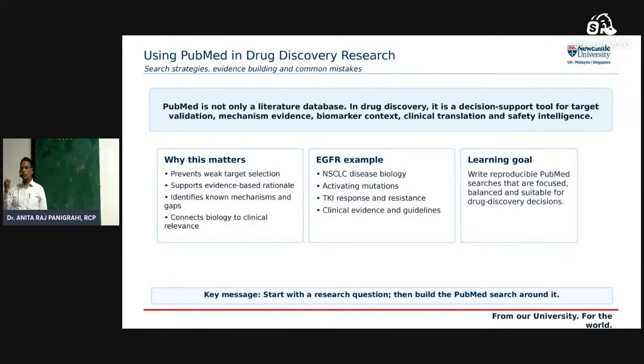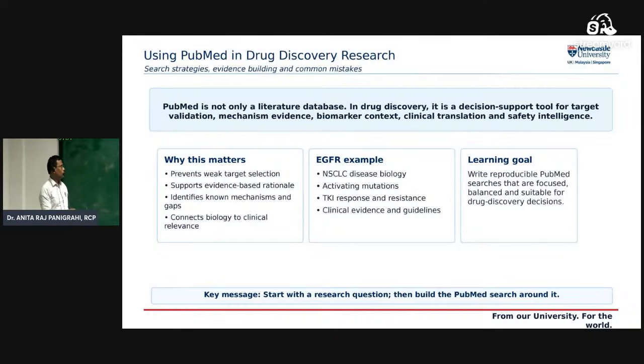They say that person A said this, B said this, C said this. When I put all these three together, I got this kind of confusion, and I want to clarify the confusion. That's why I'm going to carry out the research, and that is called the research question.